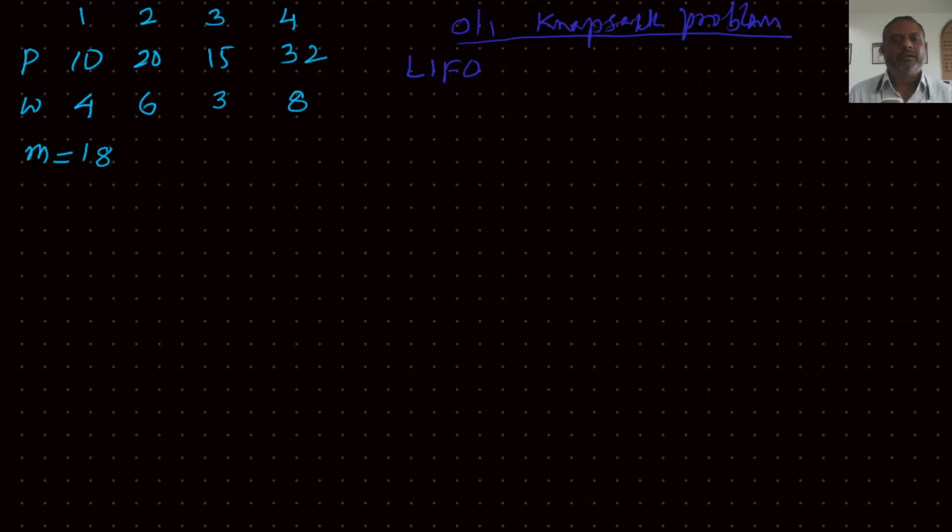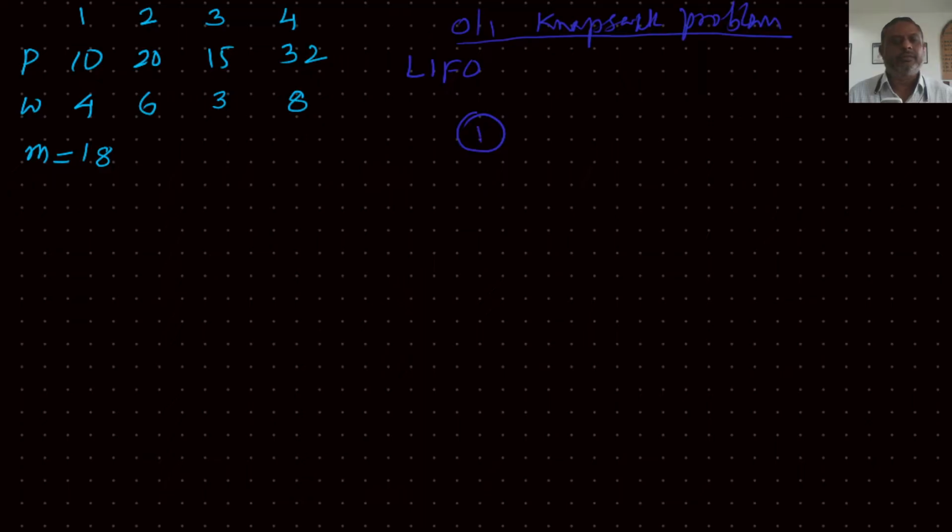So instead of maximizing profit, we can minimize the loss. The profit can be converted into loss with a negative sign. That's the simple logic of converting a maximization problem into a minimization problem. In this, let us use the last in first out logic and see how the process continues.